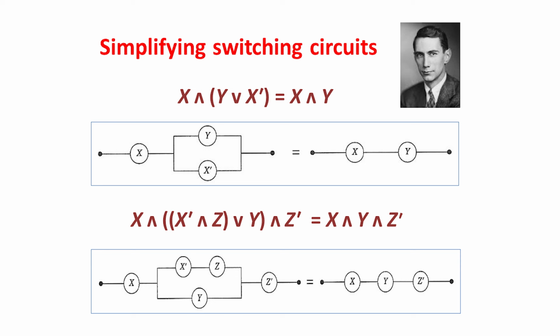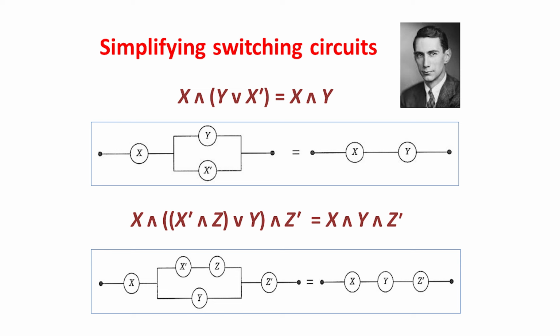And we'll end with two examples to show how switching circuits can be simplified by using Boolean algebra. In our first example, switch X is in series with the two switches Y and X' in parallel. So the whole circuit can be represented by X cap Y cup X' as written above.